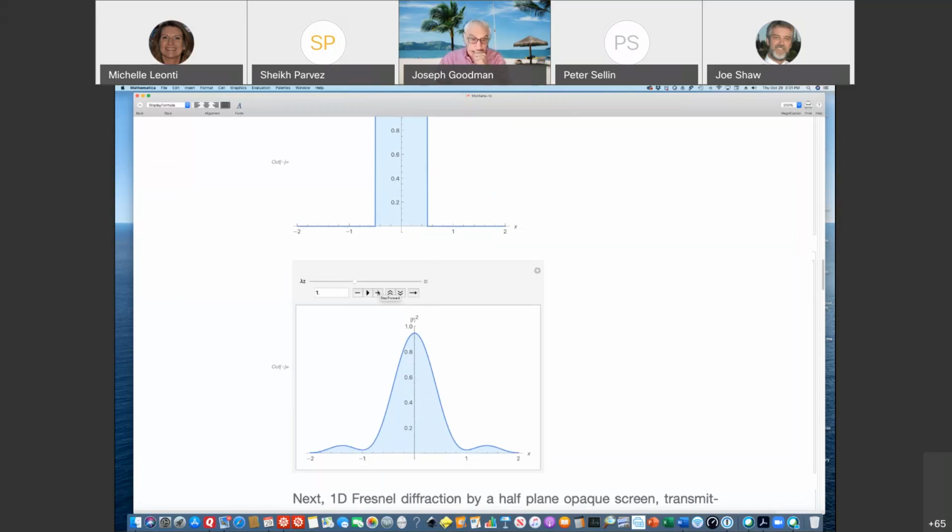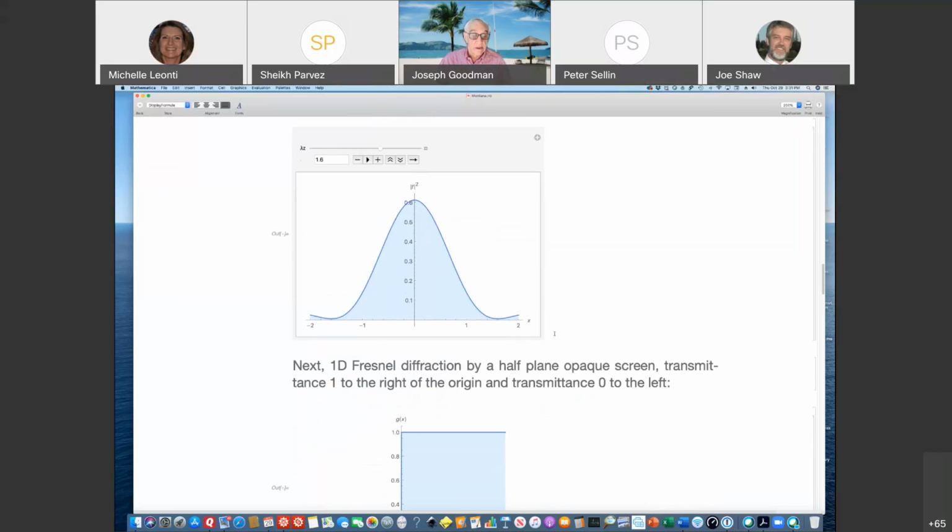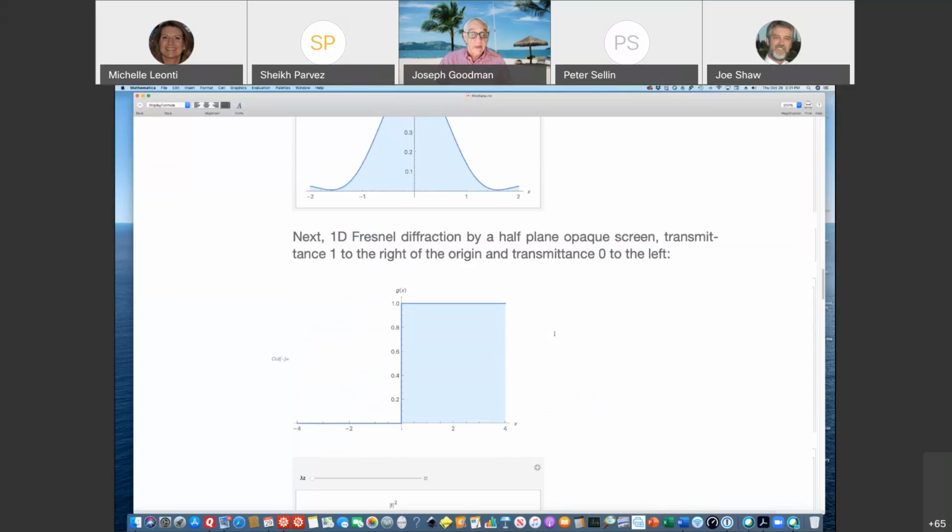So here is a sinc squared function we're approaching, and as you can see, as the distance gets larger and larger, the diffraction pattern, the Fraunhofer diffraction pattern, is getting wider and wider. So that's the case of a rectangular aperture function.